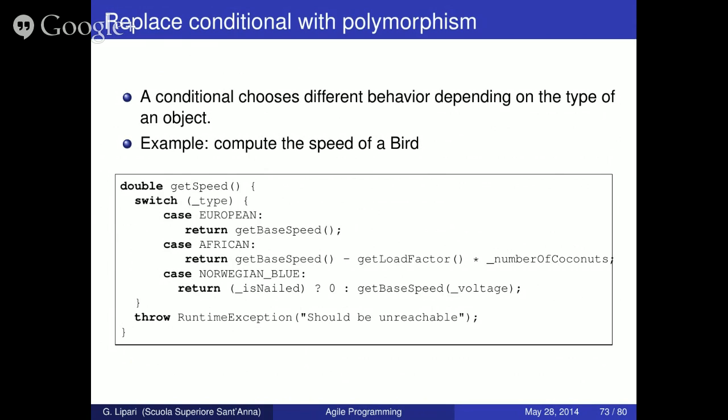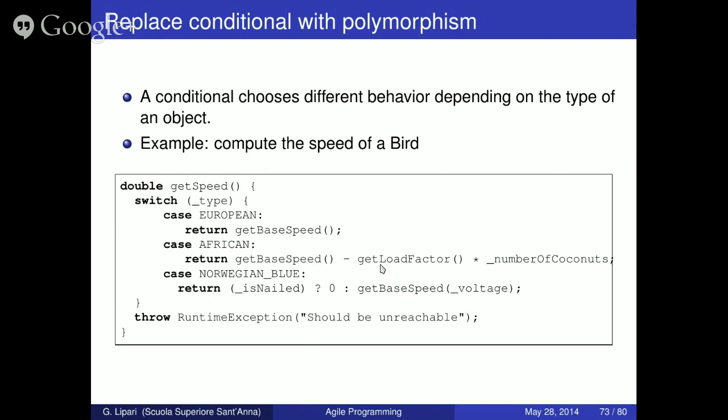And this function is going to use an internal data member of this class, which is called type. And if the bird type is European, it gets the base speed. If it is African, it gets the base speed minus load factor multiplied by number of coconuts.